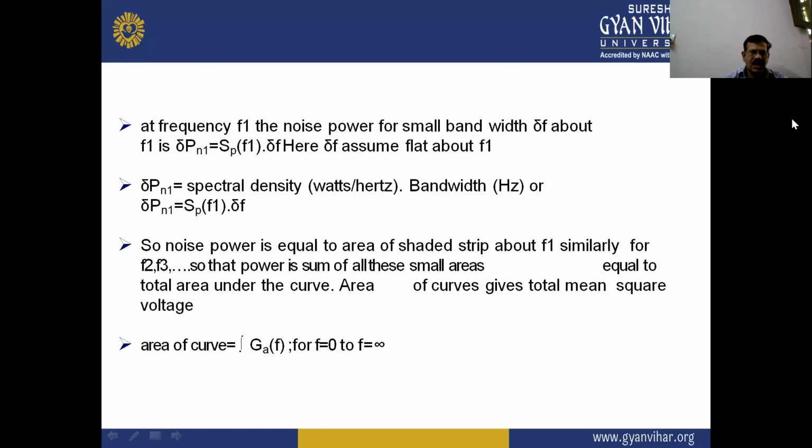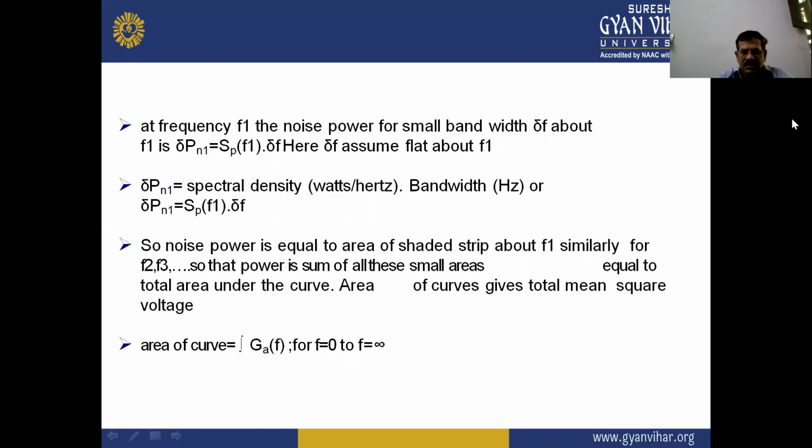So delta Pn1 equals the spectral density in watts per hertz times the bandwidth in hertz. So the noise power is equal to the area of the shaded strip about f1, similar for f2, f3 and so on. The power is the sum of all these small areas, equal to the total area of the curve.